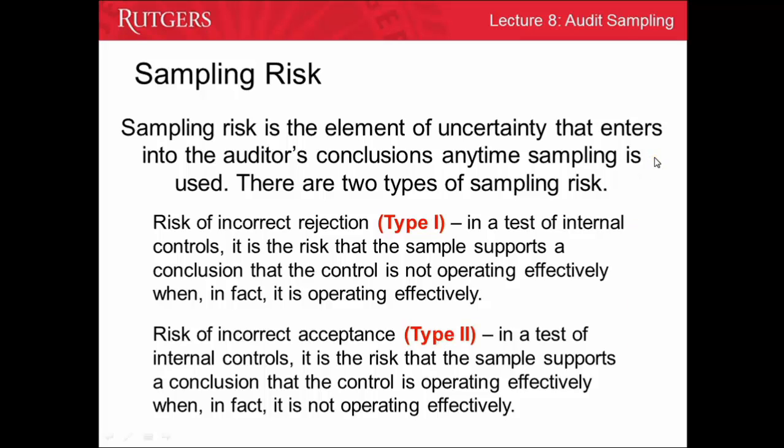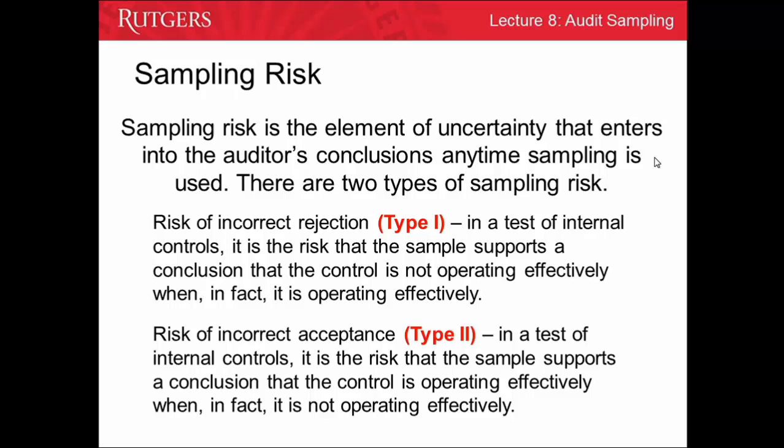Specifically, the type 1 error we can also call the risk of incorrect rejection. In testing an internal control, this is the risk that the sample supports a conclusion that the control is not operating effectively, when in truth it is operating effectively.